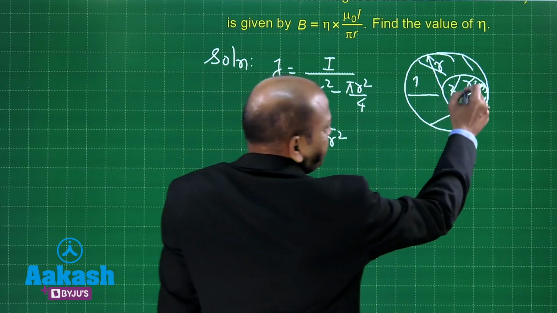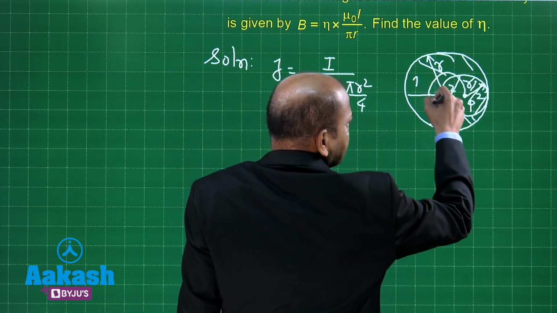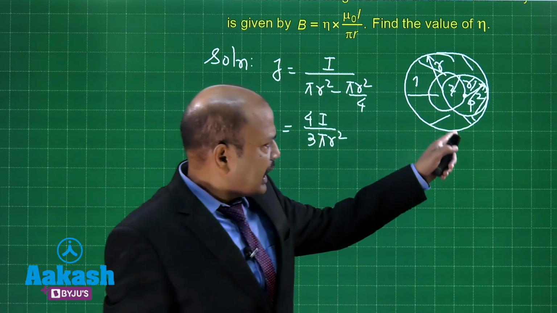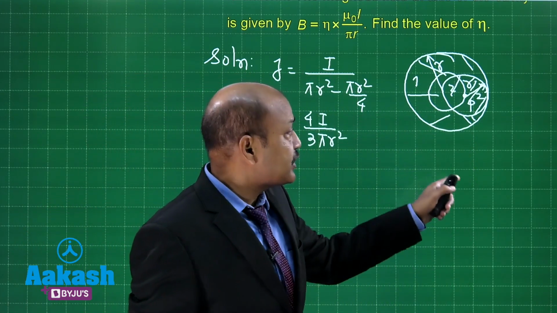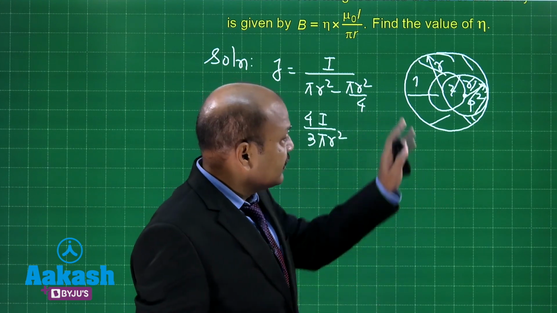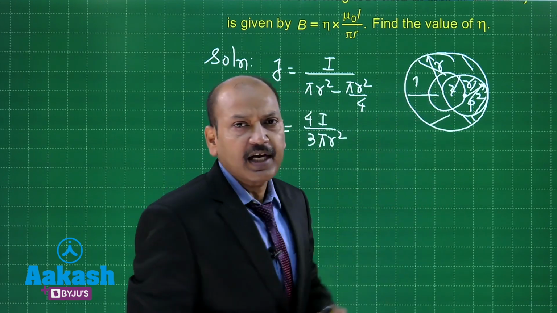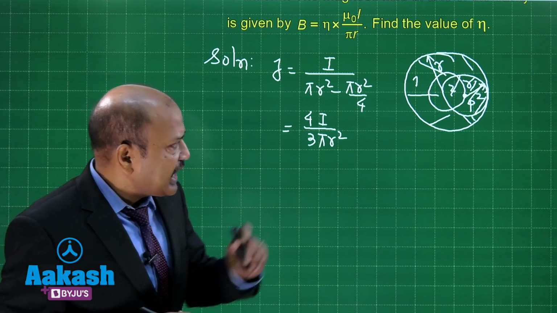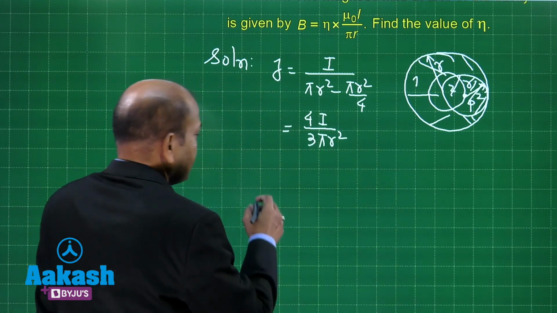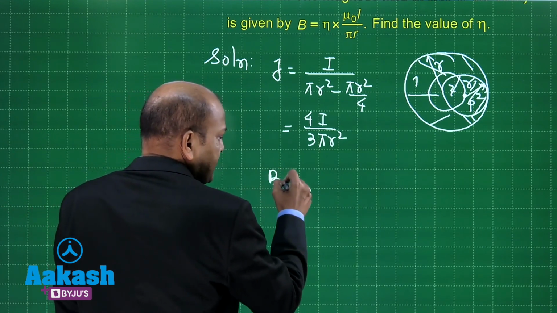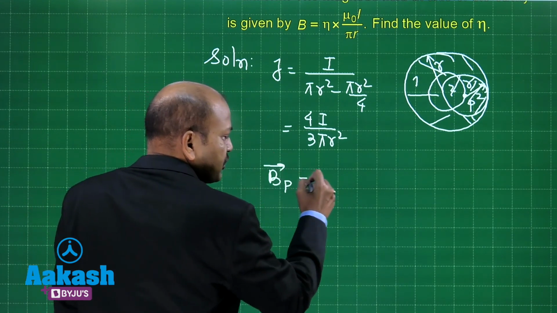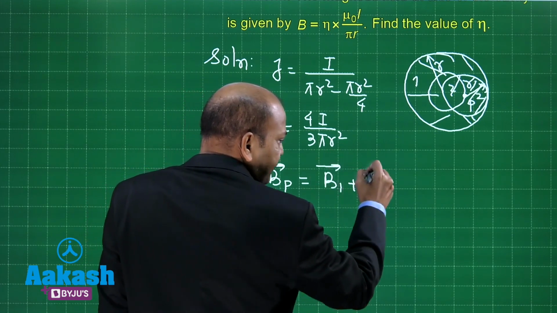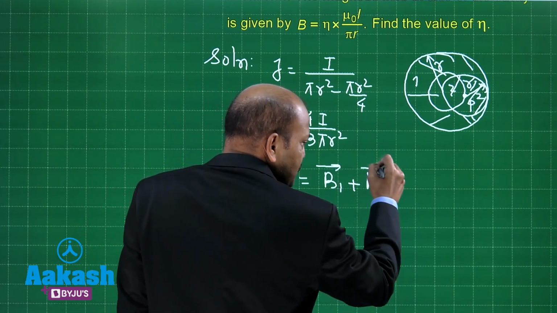And now at point P, we can find the field by taking an Amperian loop, which is circular and whose center is at the center of the entire cylinder of radius r. All right. So, the net magnetic field at point P is given by the principle of superposition. Magnetic field at point P is equal to the magnetic field due to part 1 plus the magnetic field due to part 2 also.